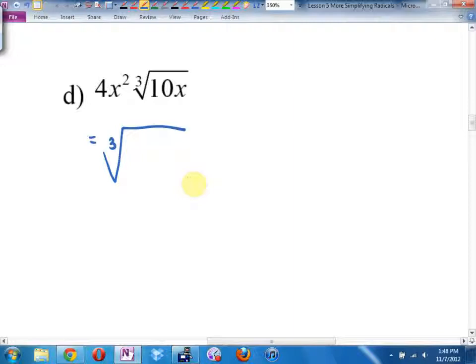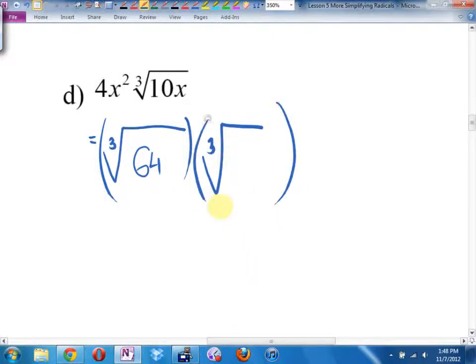There's a 4. See it? Brody, there must have been one of those. There's an x squared. Where'd that come from? If I had an x, don't write this down. If I had an x cubed right there, wouldn't that have given me a single solitary x?